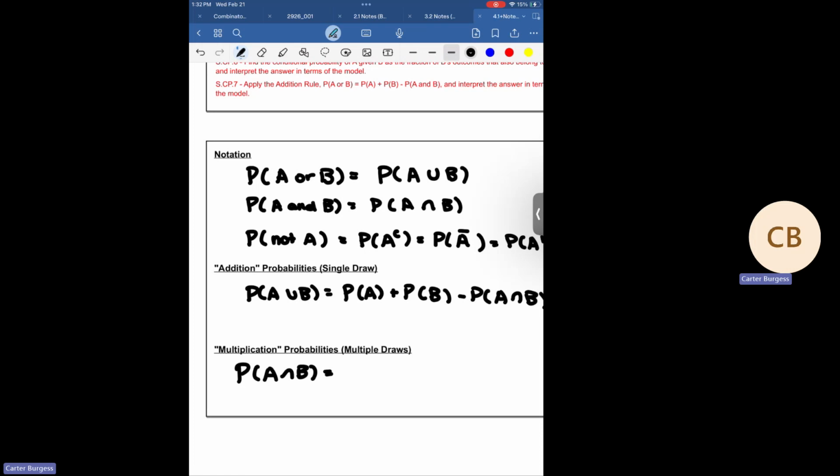Well, we just spent a whole bell work on it. Very good. Probability of A times the conditional probability of B, given the fact that A has happened.